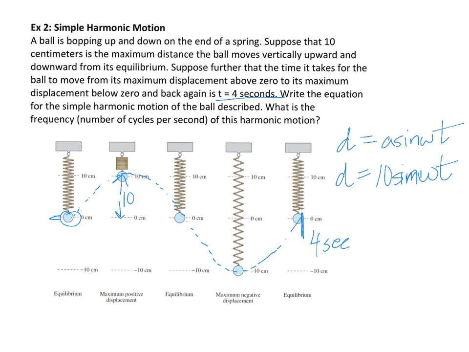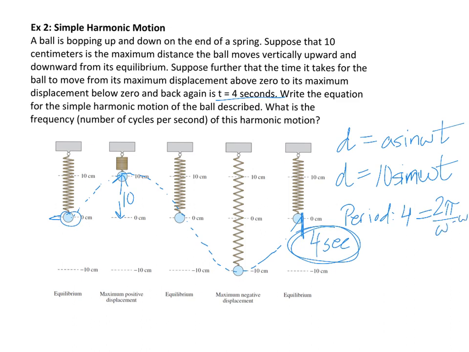Well, I know my period here is 4 seconds. Period is the amount of time in this case it takes to complete one full cycle. But what's the period formula? The period formula is 2 pi over b, or in this case, omega.